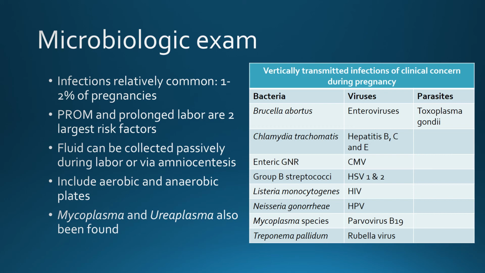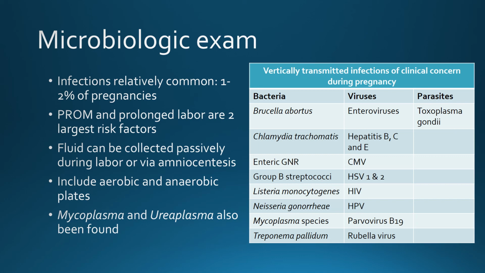If you look at the bacteria, Brucella abortus gets its name because it's associated with miscarriages. That is an anaerobe. And then if you look a little bit farther down, you have enteric gram-negative rods and group B strep, as well as Listeria, which is known to cause spontaneous abortions, as well as Neisseria gonorrhoeae.